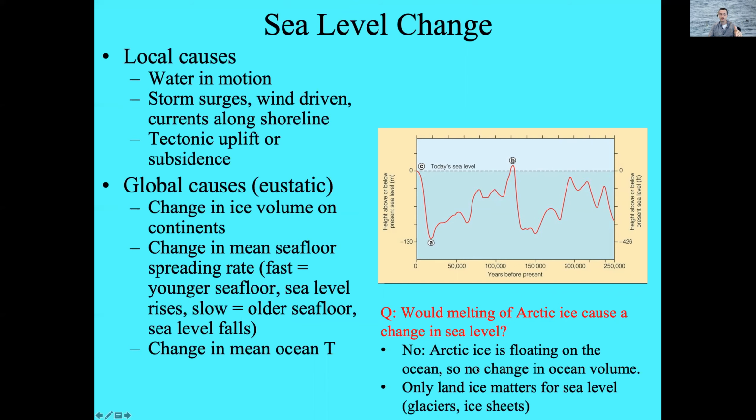So there's no change in ocean volume, whether that water is bound up in ice or in liquid form. That's similar to the isostatic equilibrium that we talked about earlier. Only land ice matters for sea level. If you have water bound up in glaciers or ice sheets, and that melts, that will impact your sea level rise. But just melting floating sea ice doesn't impact sea level rise. That's an important distinction and something to keep in mind, especially as you read the news.